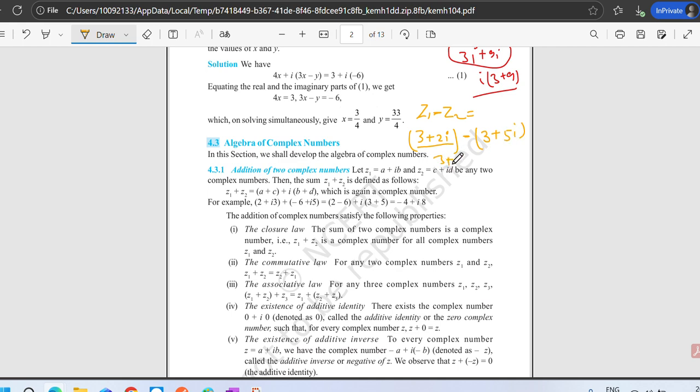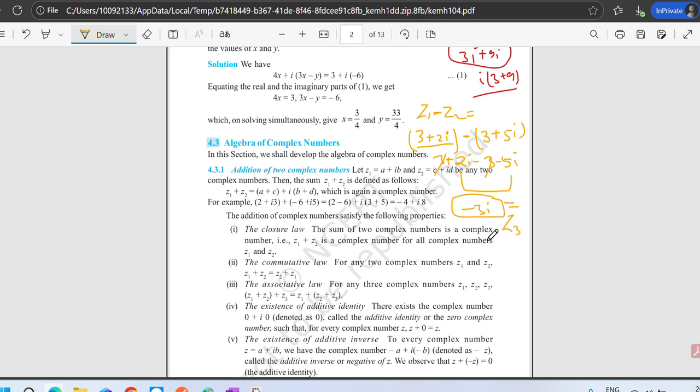So just break the bracket: 3 plus 2i minus 3 minus 5i. Okay, so 3 minus 3 will cancel, and 2i minus 5i, that is how much? Minus 3i. So you see, this time you got a number. This is also one complex number only, which is, let's say, z3.